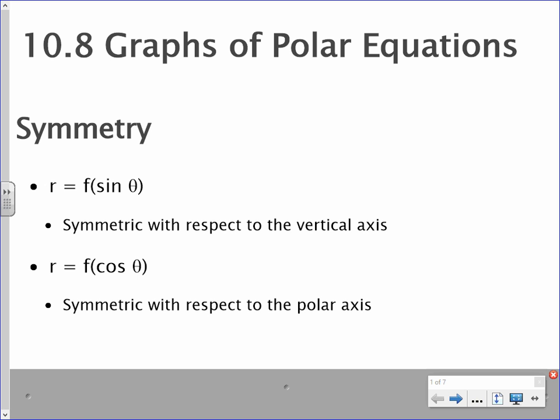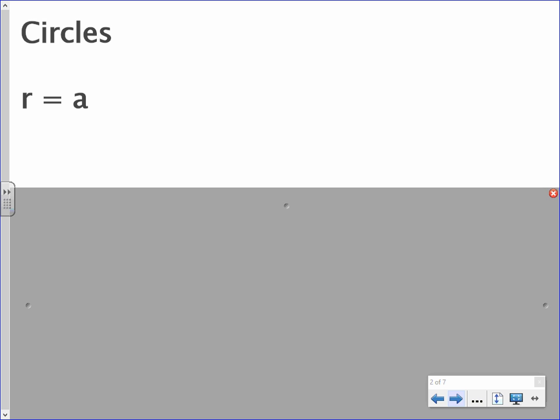Only on Monday, we talked about the circle r equals a. We didn't play around with that yesterday, but we talked about it Monday. What does that look like, r equals a?